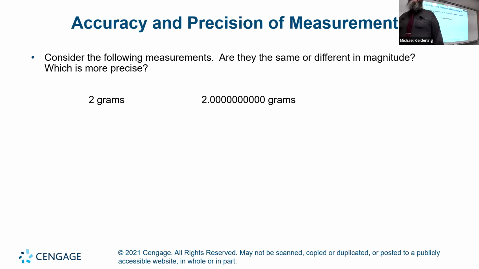And I can tell this is more precise because it has more significant figures. This has 1 significant figure. This has 11. In both cases, all of the digits here are significant. There's 11 here and 1 over there. So we express this with significant figures.